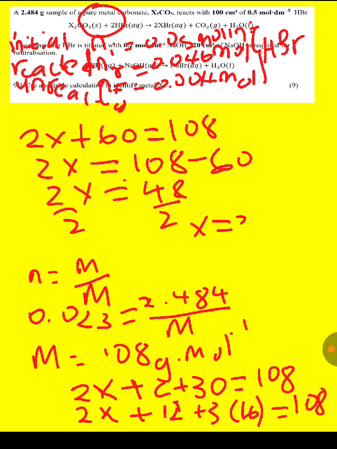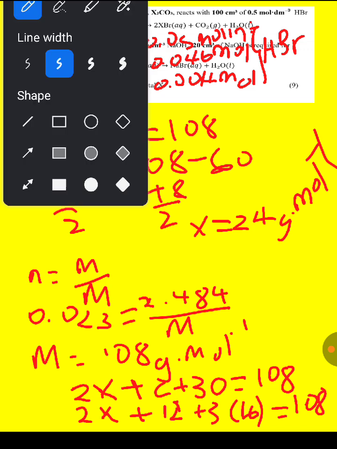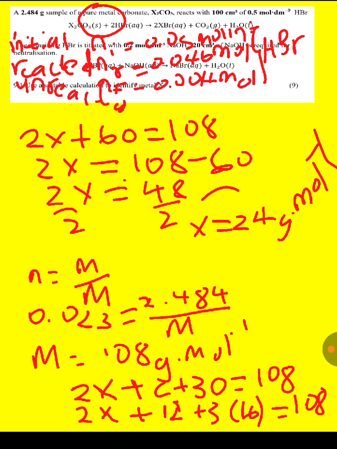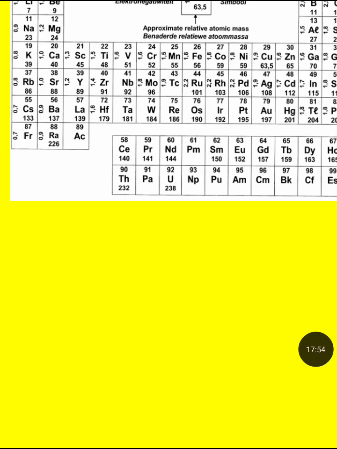Then X is equal to 24 grams per mole. Right? Then now we check for an element that has a molar mass of 24 in the periodic table.